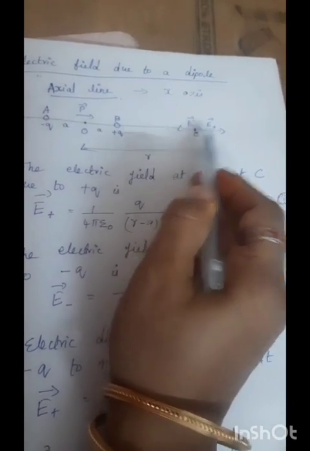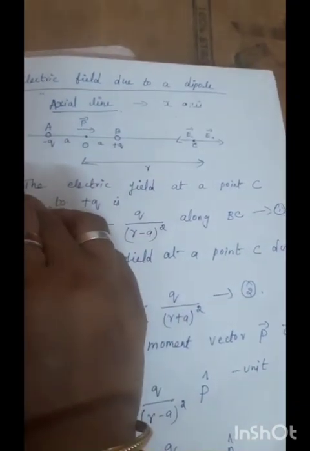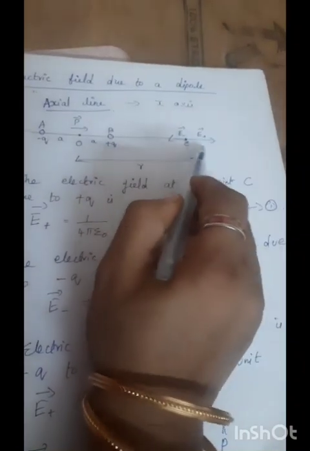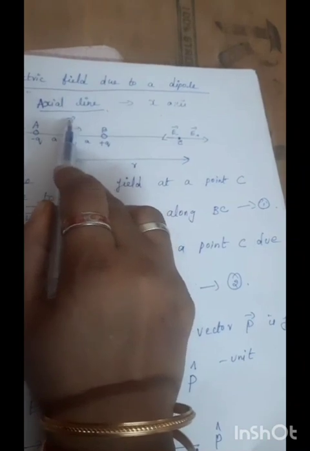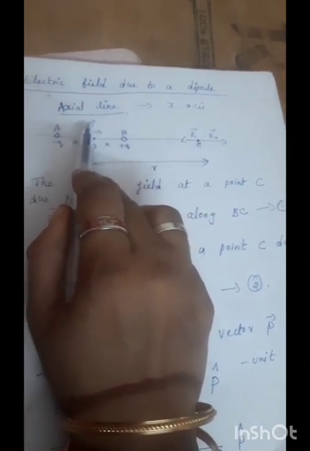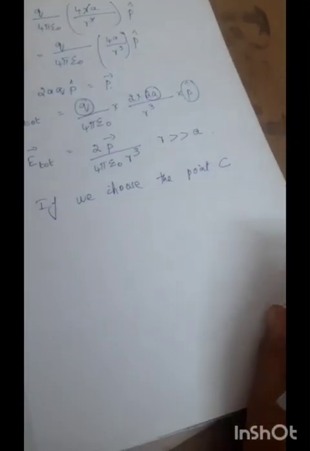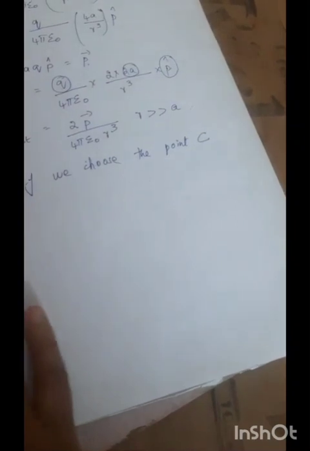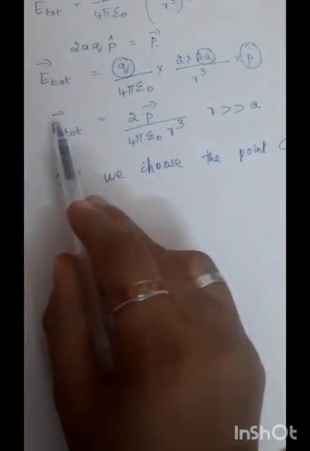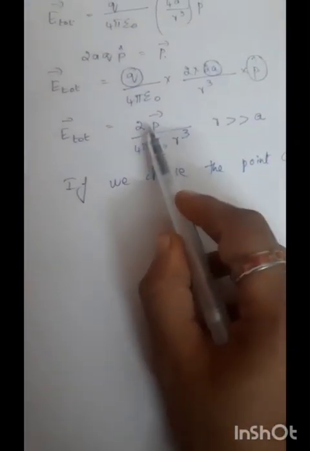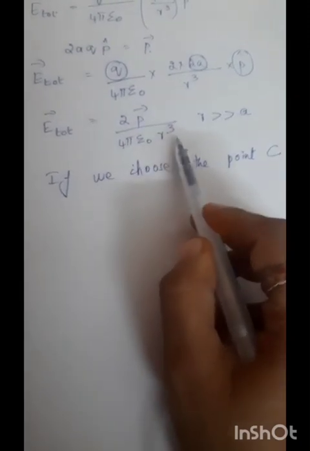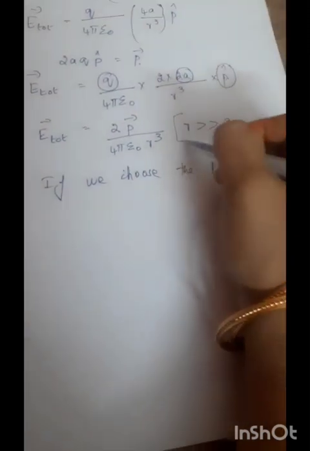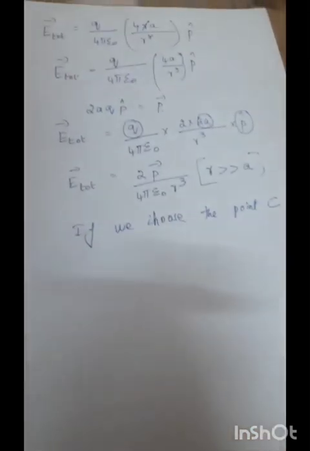But suppose it is chosen towards the left side of the dipole, then the total electric field is also still in the same direction of the electric dipole moment vector p. So this is the final expression for electric field due to a dipole on the axial line. So we will have electric field total vector is equal to 2p vector divided by 4 pi epsilon naught into r cube. This is for the condition r is very much greater than a.